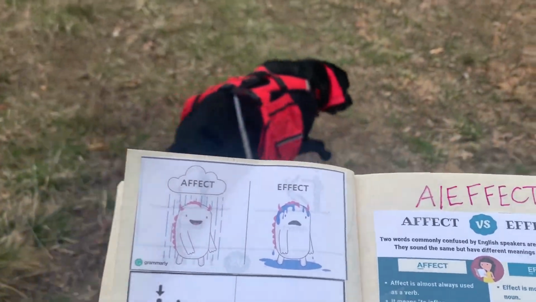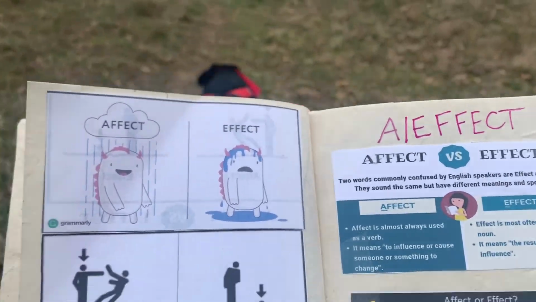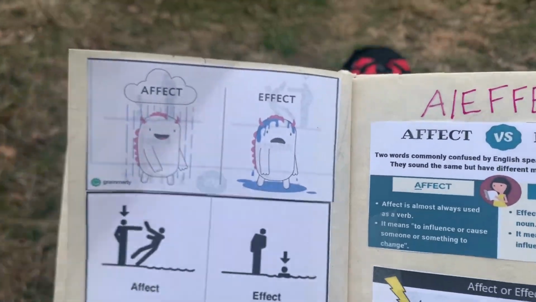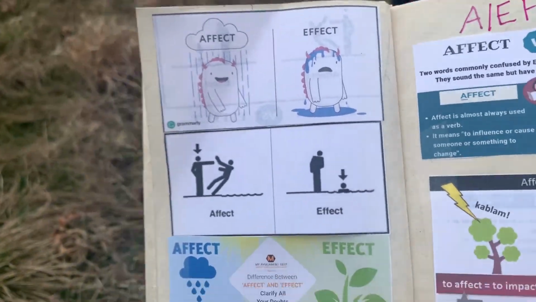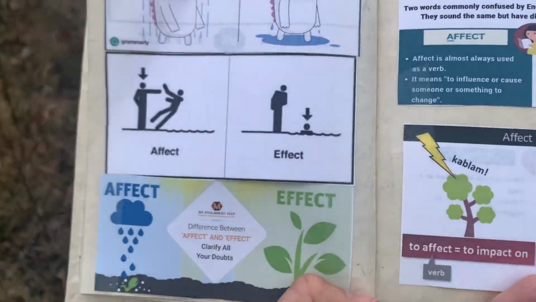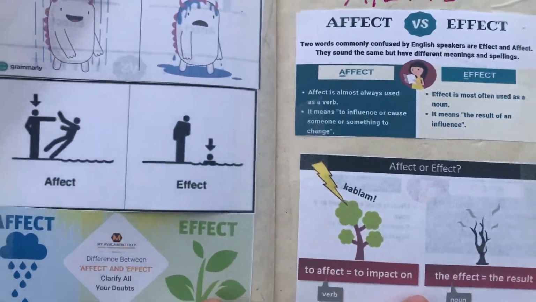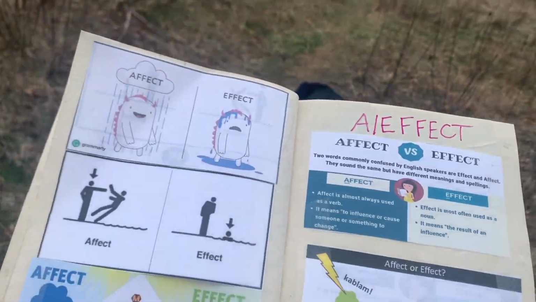So then I thought this was a kind of similar image. This rain cloud affects the monster by raining on it, but then the effect afterwards is the monster is wet. And then again, we have an example here of someone affecting change to someone by pushing them into water. And then the effect or the result is they are now in the water.